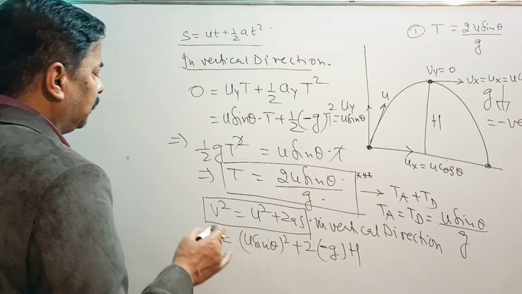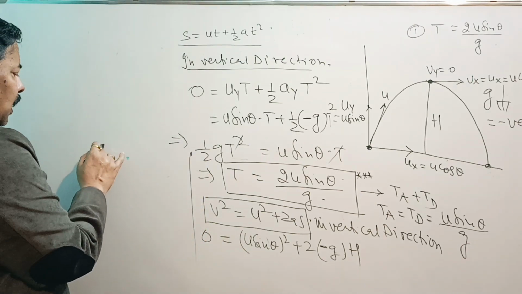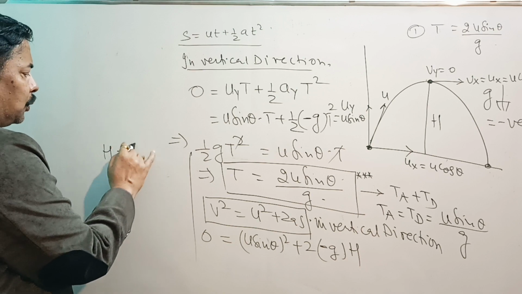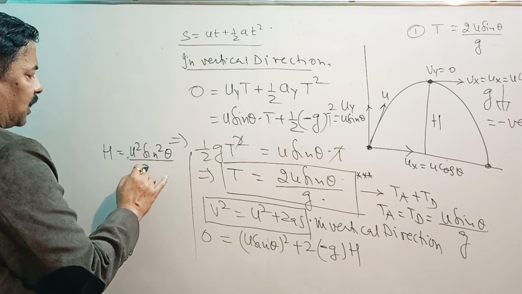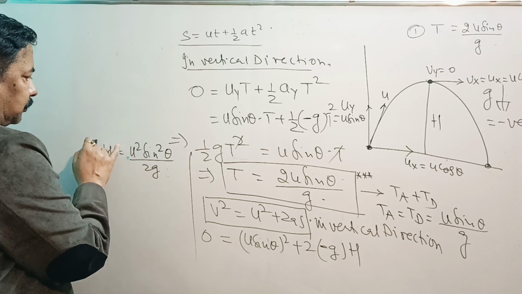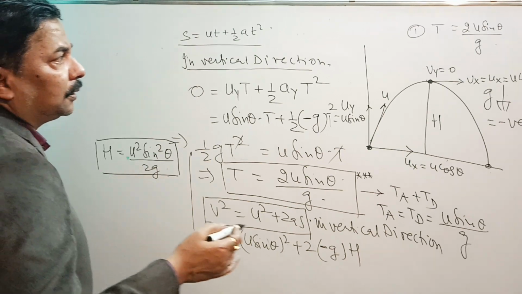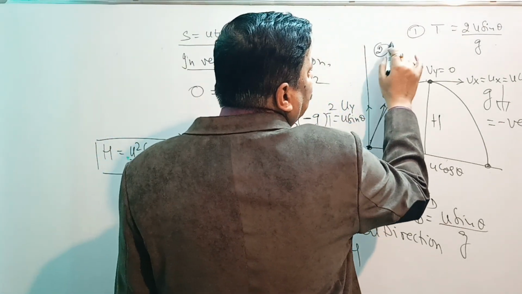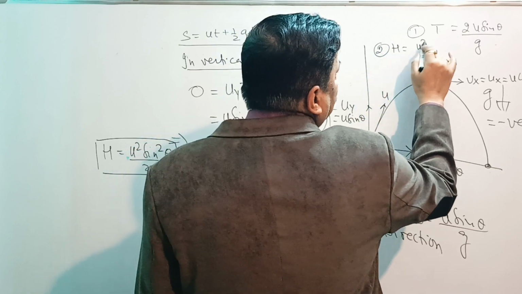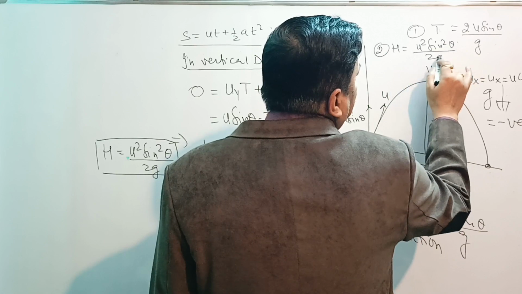So what we are getting? We are getting h is equal to u square sine square theta by 2g. Second relation we are getting, that is for maximum height, h is equal to u square sine square theta by 2g.